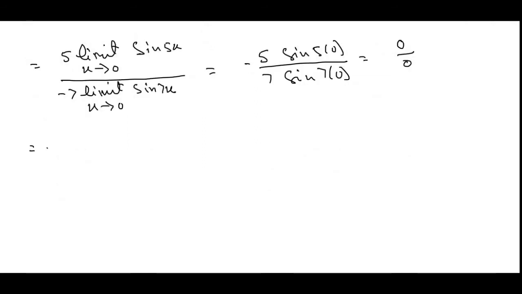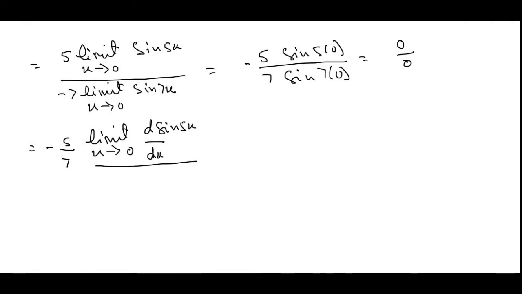we have minus 5 by 7 taken outside because these are the constants, therefore limit x approaches 0, d by dx of sine 5x whole divided by limit x approaches 0, d by dx of sine 7x.